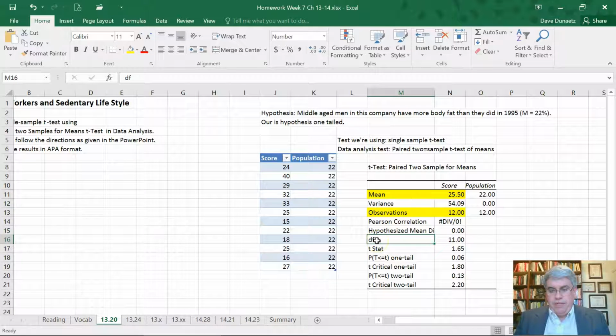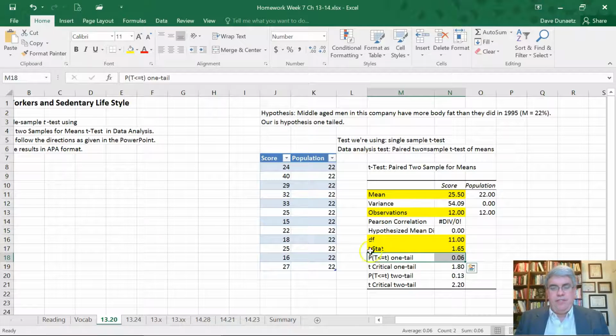The degrees of freedom are 11. That's going to be 12 minus 1. The t-stat is 1.65, which isn't very high, and the P for the one-tailed test is 0.06. Oh, we just barely missed it. So we're going to have to retain the null because we're using alpha equals 0.05.